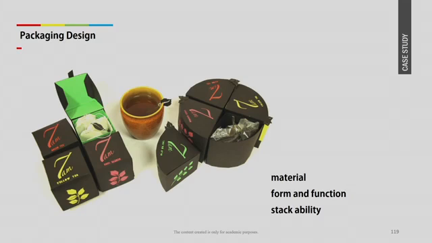In this tea packaging case also, the material is paper and environment friendly. The form is given in such a way that it can be stacked in a particular way and gives denotative effect, and it gives good stackability.